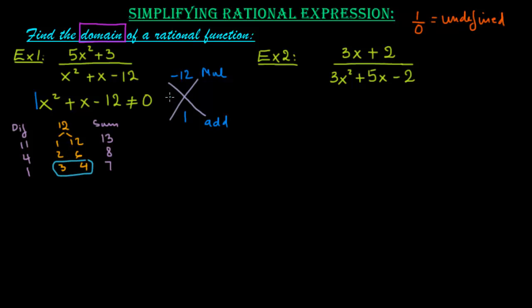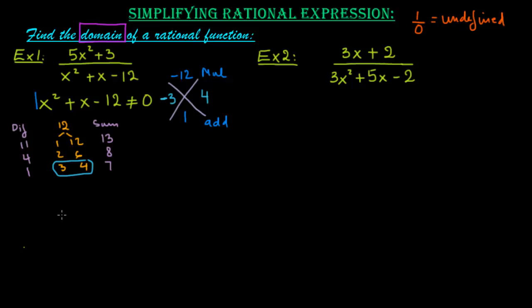I fill in 3 and 4. 3 add 4 gives me 7, not 1, so we need to subtract them. How about negative 3? Negative 3 add 4 gives me positive 1. Negative 3 times 4 gives me negative 12. So this is the correct pair in the diamond form.